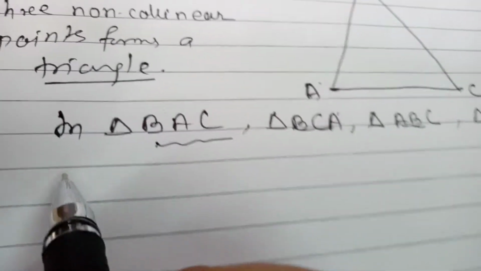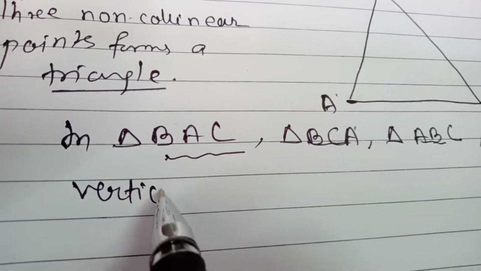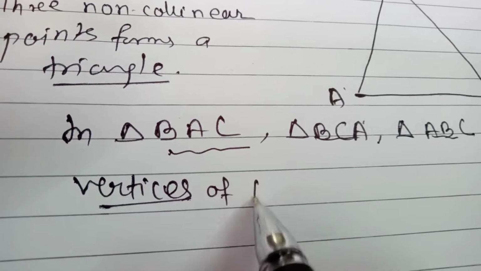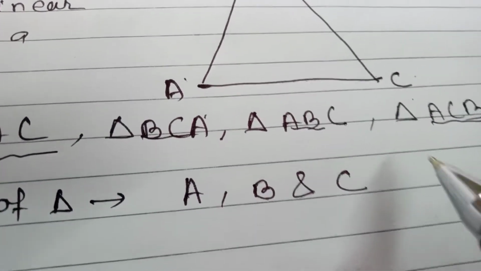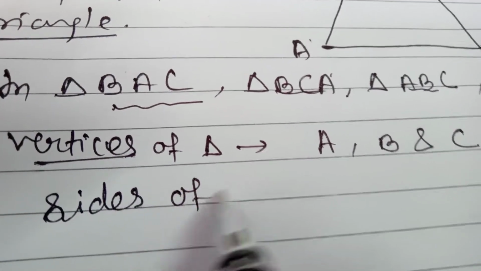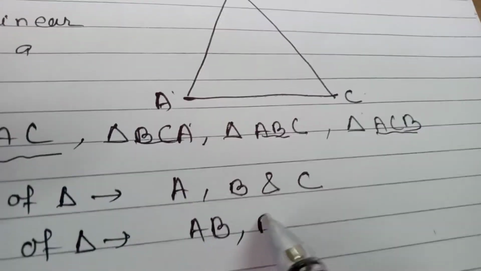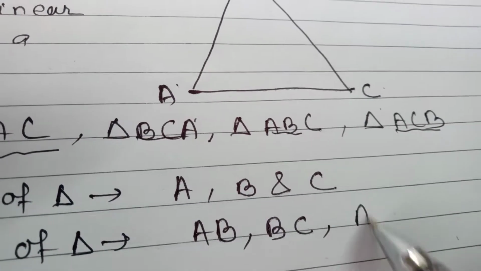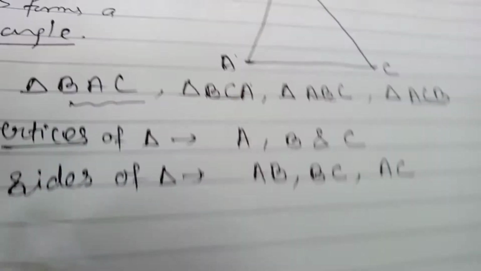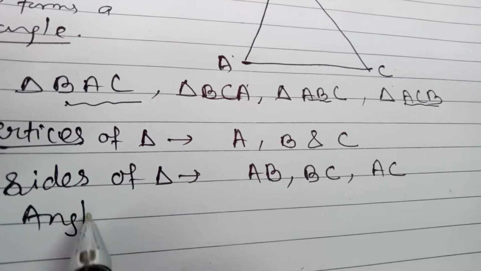Then the vertices of the triangle. We have 3 vertices, A, B and C, that you all know. Sides of the triangle? We have 3 sides: AB, BC, AC. And then angles.